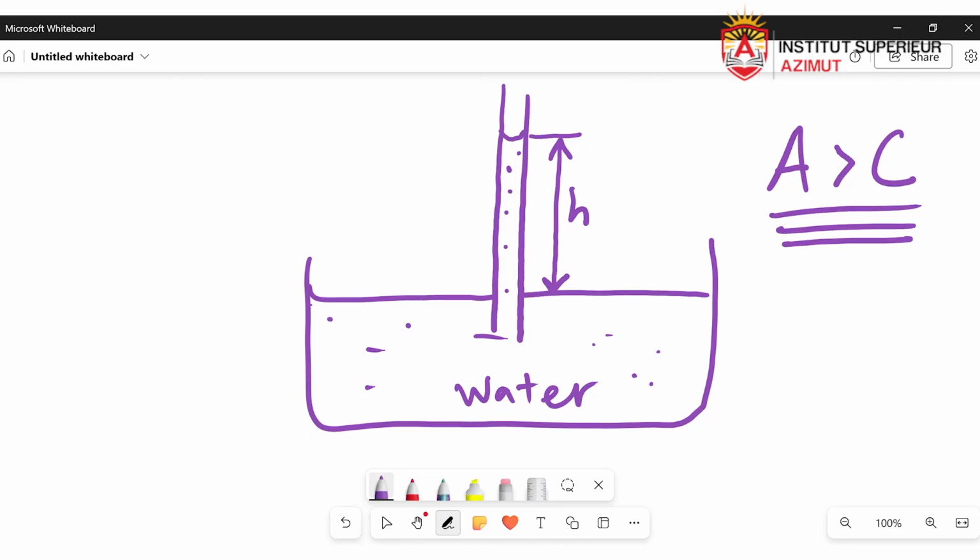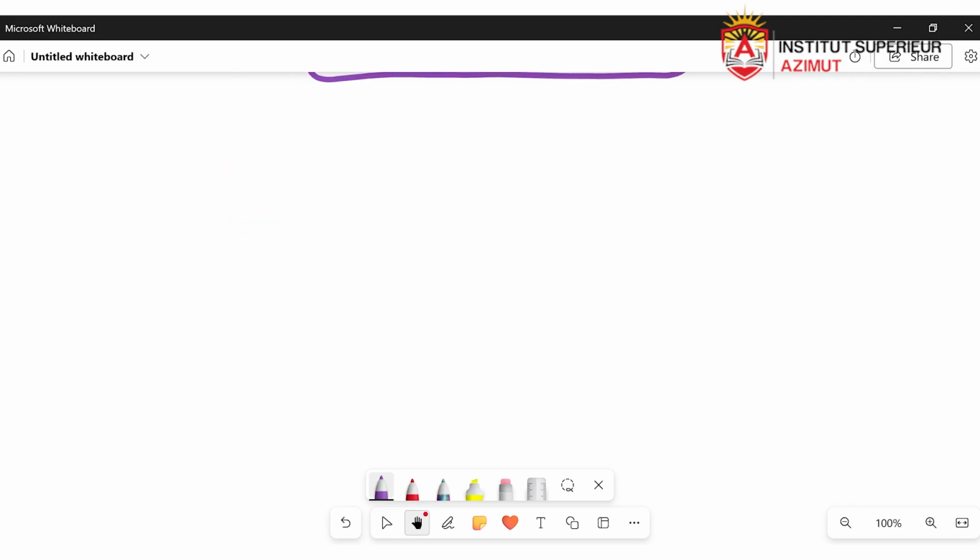Now, what happens here? At equilibrium, we know all the forces are balanced, and there are two forces here. The first force is the weight of the water. So we have the weight W, and the weight has to balance the upward force. If we have to zoom this interface, so we have something like this.